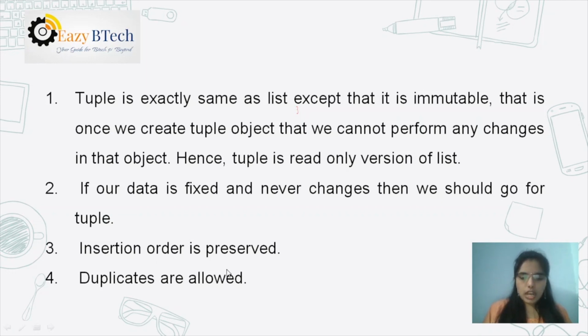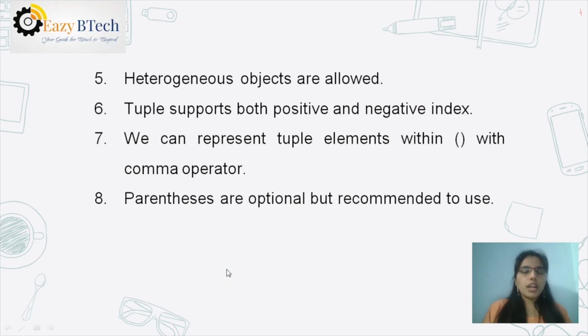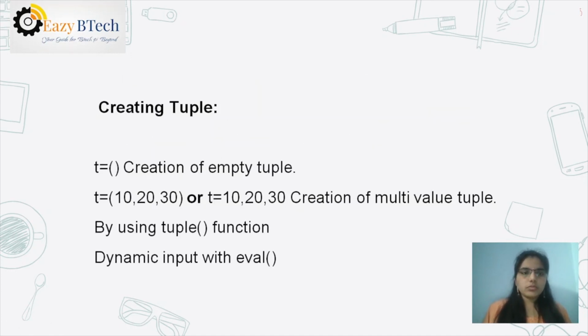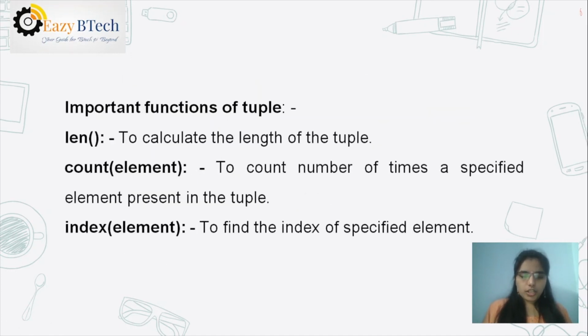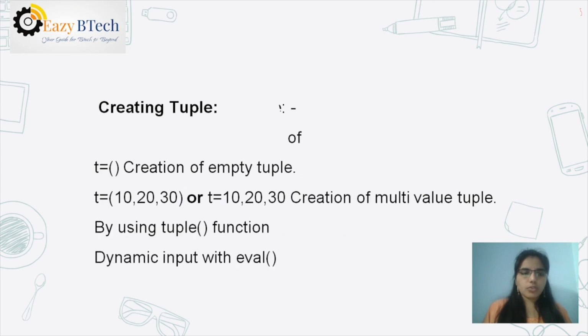Duplicate objects are allowed in both. Heterogeneous objects are allowed in both. Tuple supports both positive and negative index, and list also. We represent tuple elements within normal parentheses, but list in square brackets. That is about creation of list and tuple.